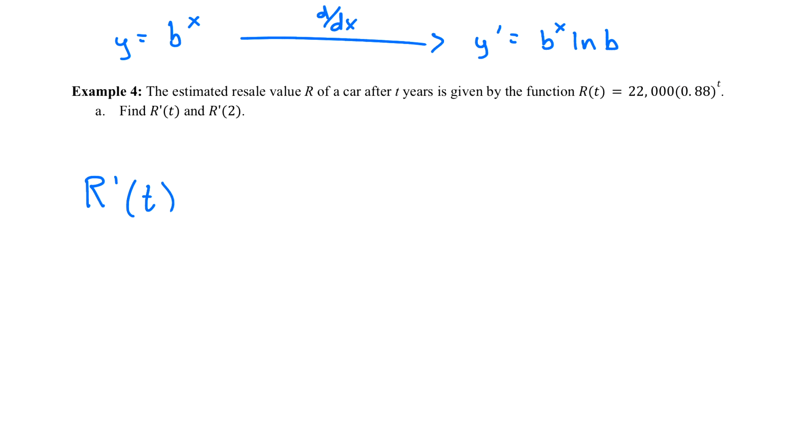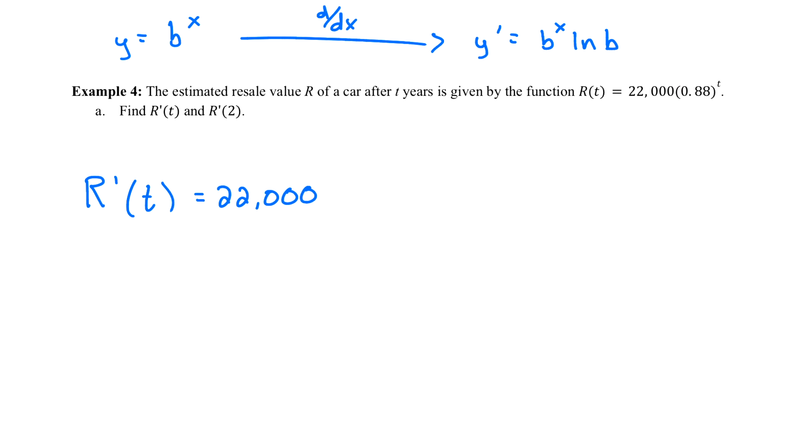Well, first, I've got this 22,000. Well, that 22,000 is a constant multiple. I'm multiplying by 22,000. This is not 22,000 plus 0.88 to the t power. So that means that I am just going to multiply whatever my derivative is by that 22,000. It's just going to come down to the next step.